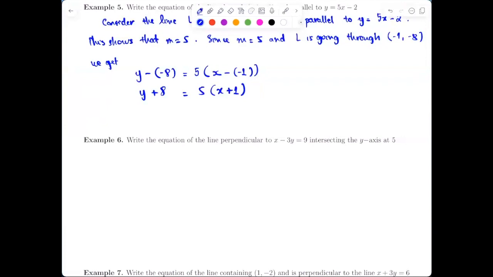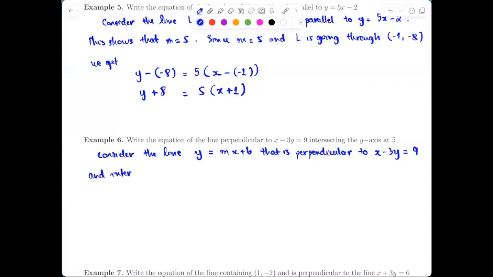Consider the line y equals mx plus b that is perpendicular to x minus 3y equals 9 and intersects the y-axis at 5.